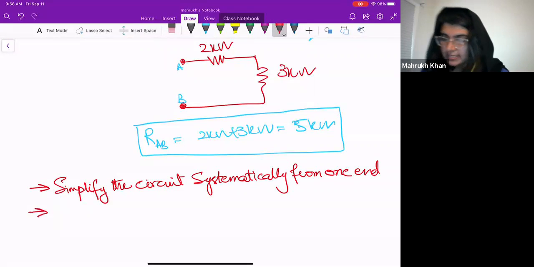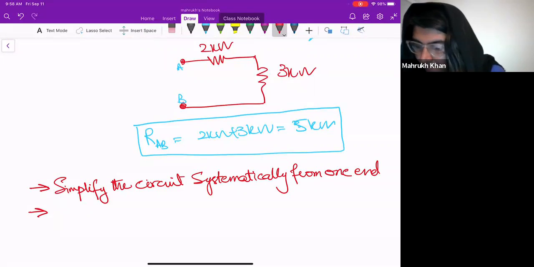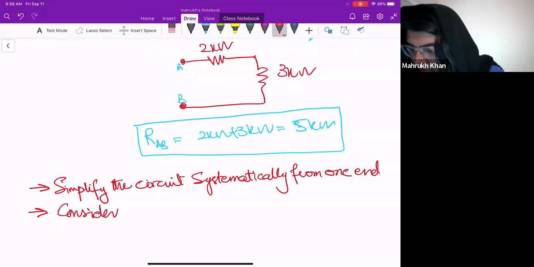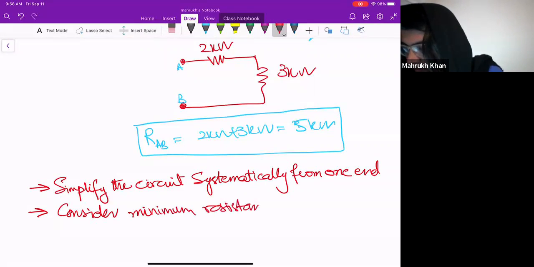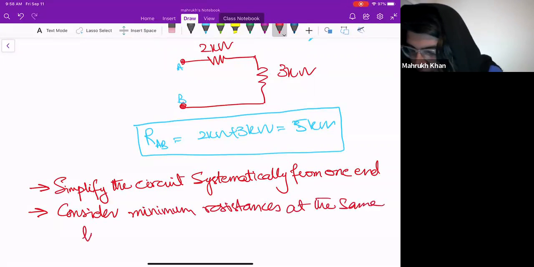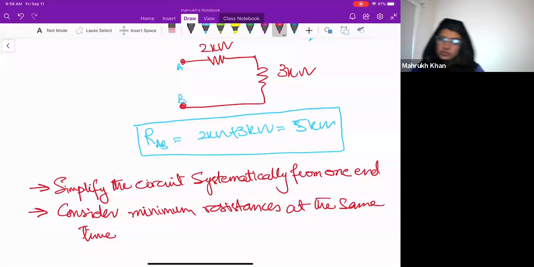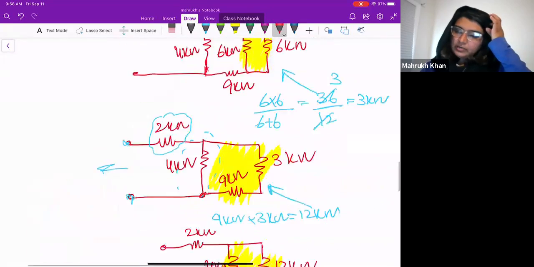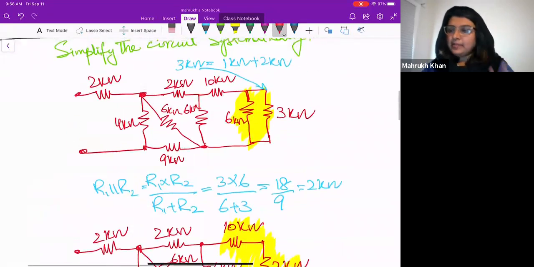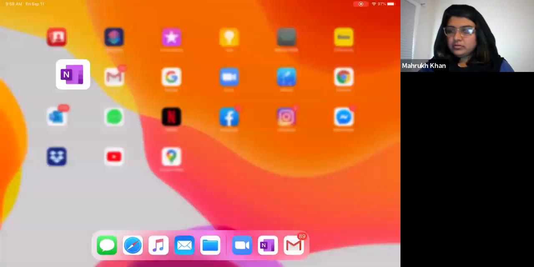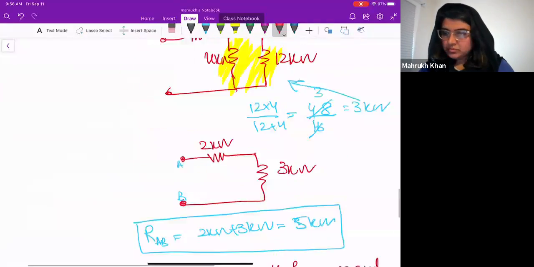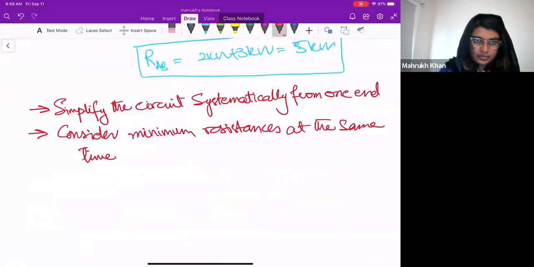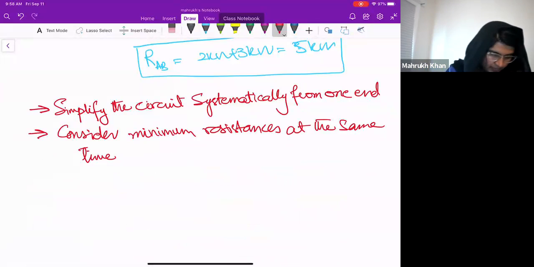The other thing we did is we considered a minimum number of resistances at the same time. So we did not look at the whole circuit at once. We just dealt with them one by one. That's how we make the circuit easier for us, right? So, okay. So are we good about it?